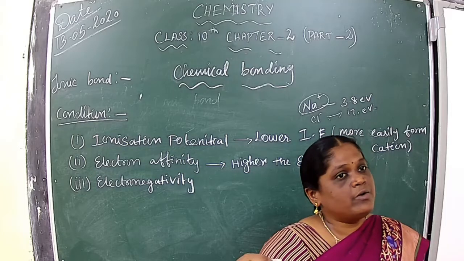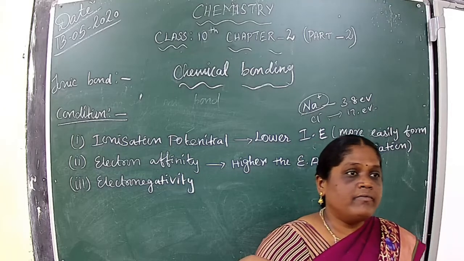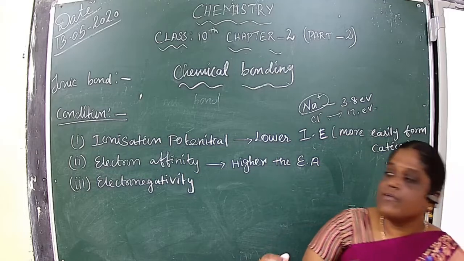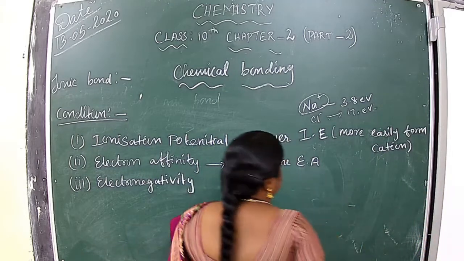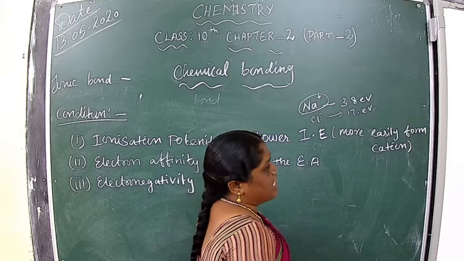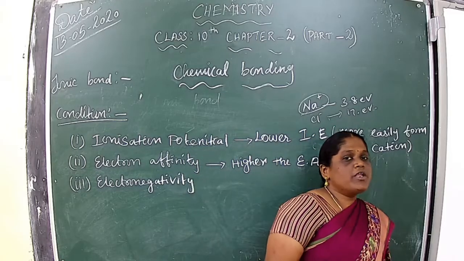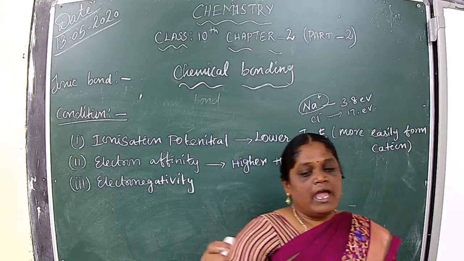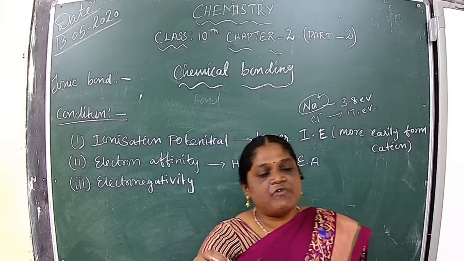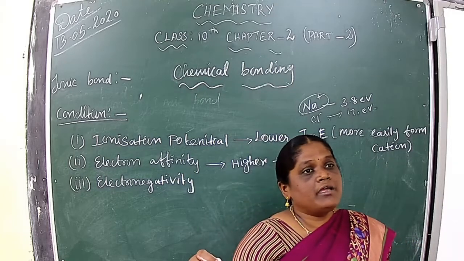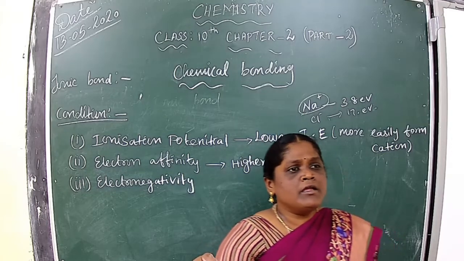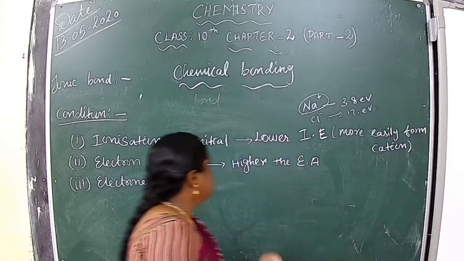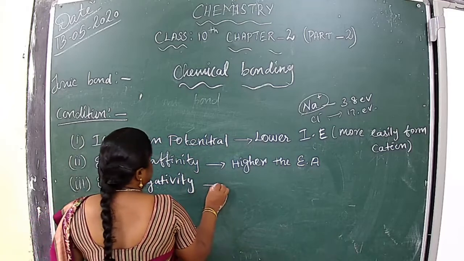It is a property of an electronegative element. So the higher the electron affinity of a non-metallic element, the more easily it forms an ion and the more easily the ionic bond forms. The next condition is electronegativity.